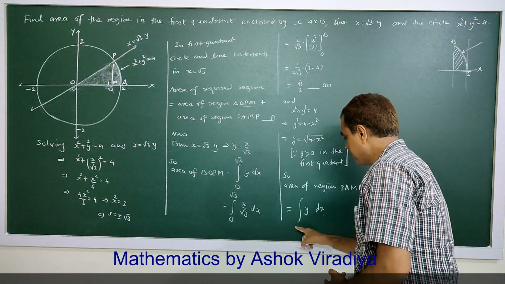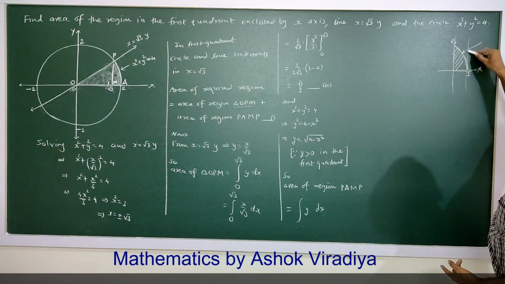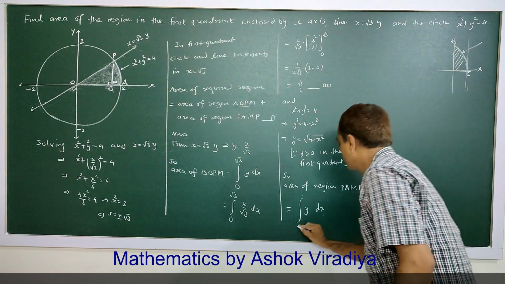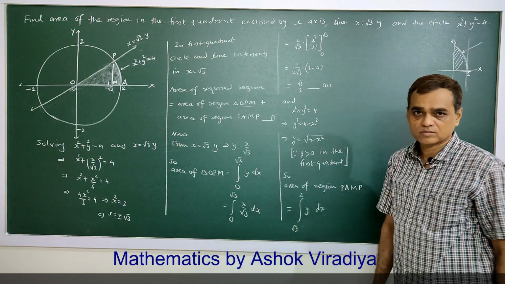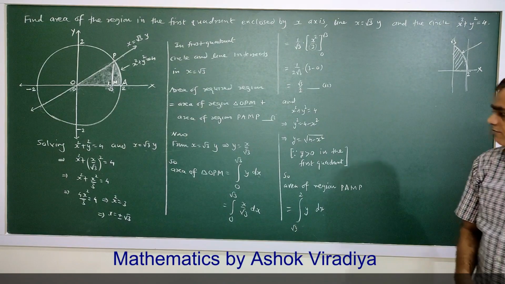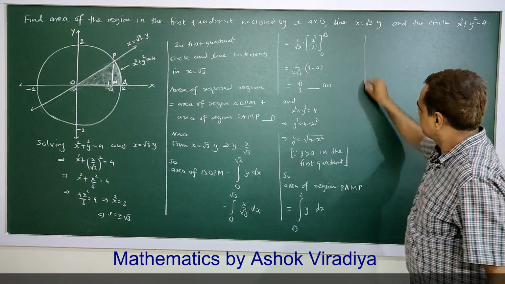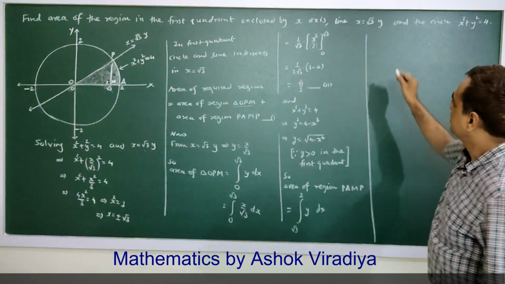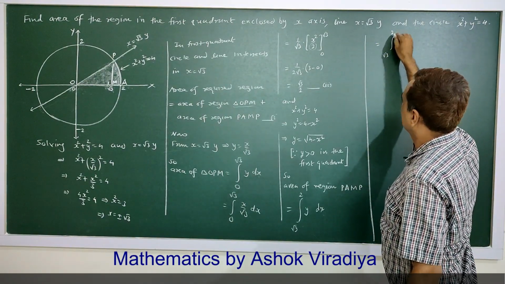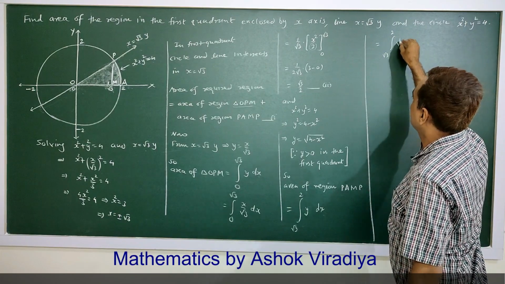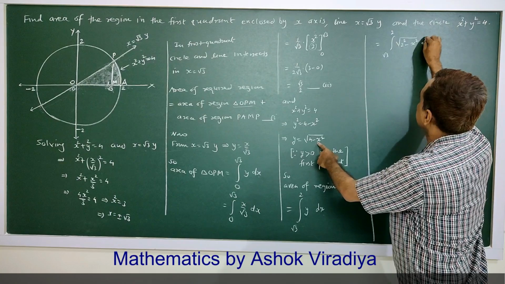Here minimum x, maximum x. Minimum x is root 3, maximum x is 2. So root 3 to 2. Now putting the value of y, it is equal to the integral from root 3 to 2 of the square root of 4 minus x square, that is 2 square minus x square.